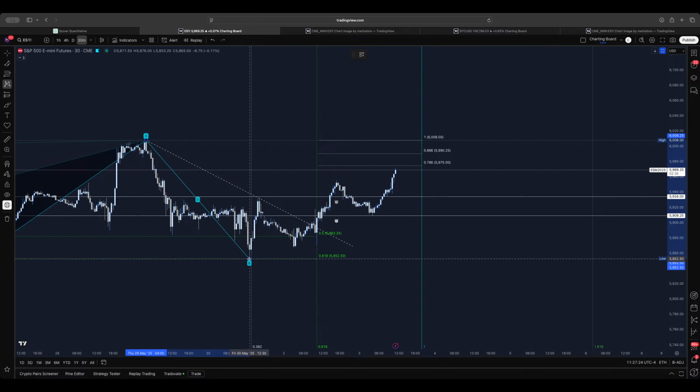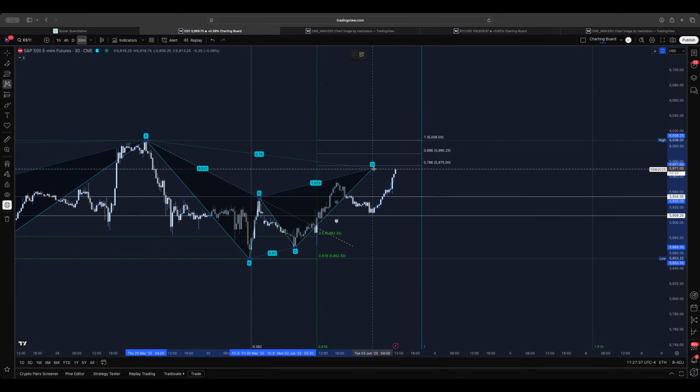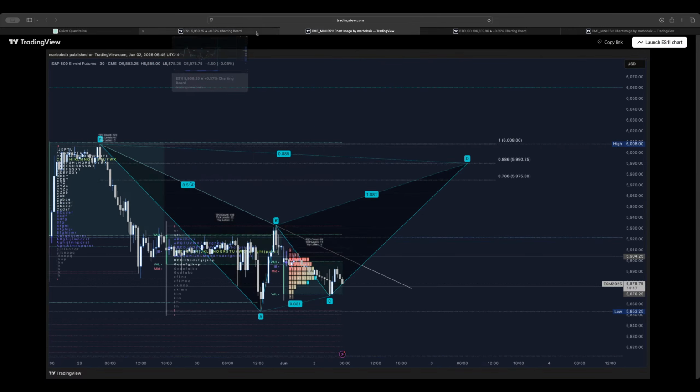Ideally, this is the B point that I mentioned. This is all the data set I had yesterday, from Friday session, from that low as a B point, the C point, and now can we aim for the 0.886? You guys let me know, we're heading in that direction.